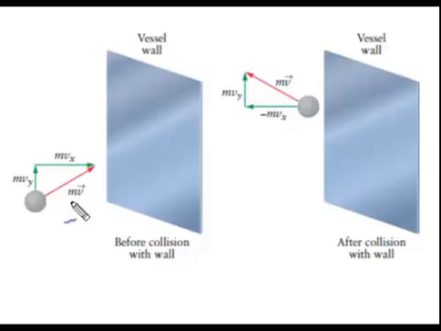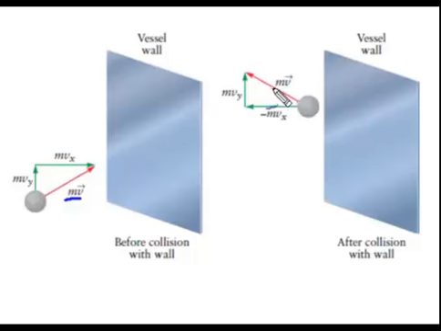And so its momentum is its mass times its velocity. Now this velocity has different components. We have the x component and the y component. Before bouncing off, these are its components. After bouncing off, the direction is changed.